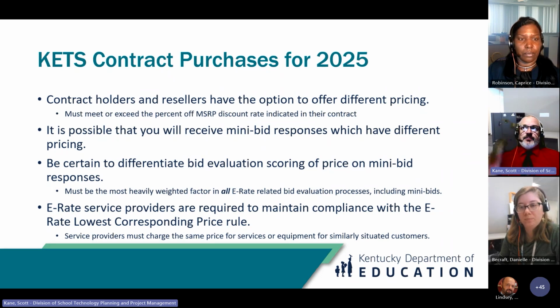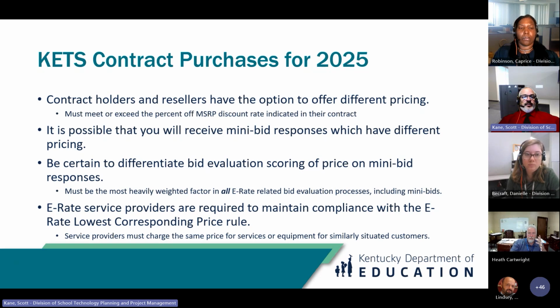Under that first column, you'll see when the discount off MSRP is listed, they must be offering that discount or exceeding that discount rate in order to maintain their compliance with the KETs contract under which they are offering their equipment and services.